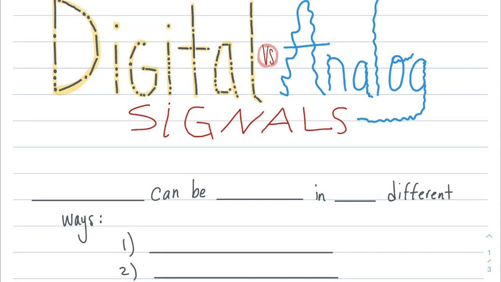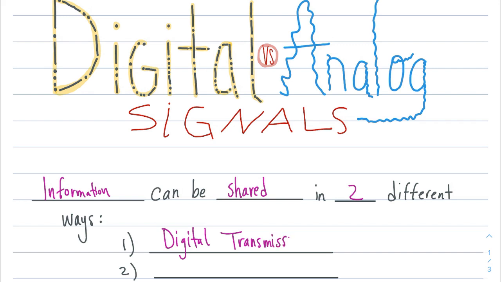So to begin with, it's important to understand the fact that information can be shared in two different ways. One is, well, using digital, and if you're sharing information, we usually call that a transmission. So you can transmit information.